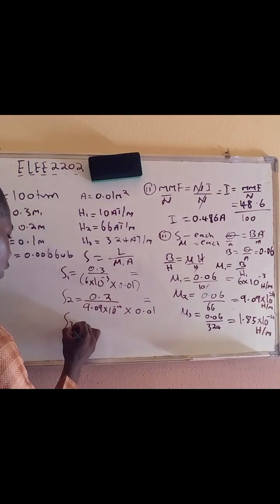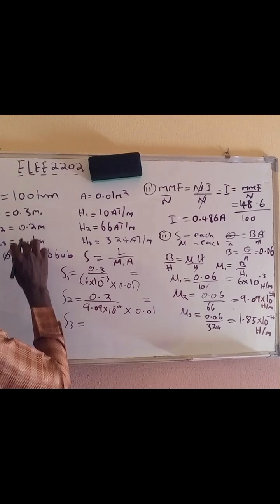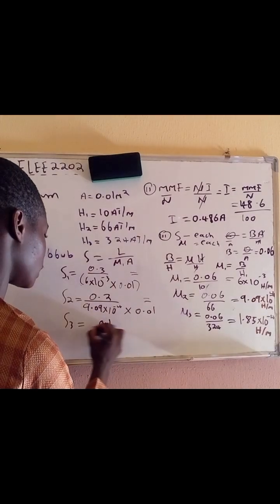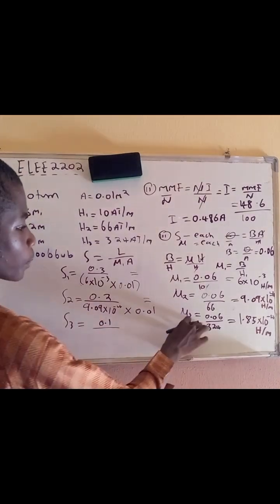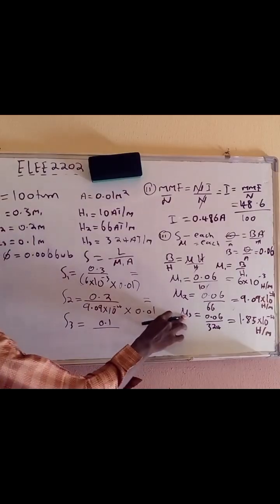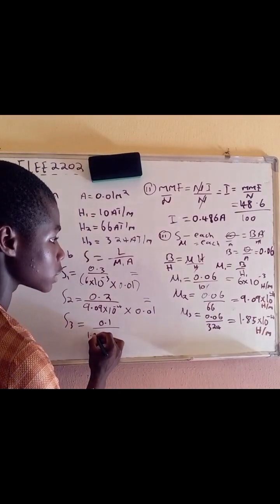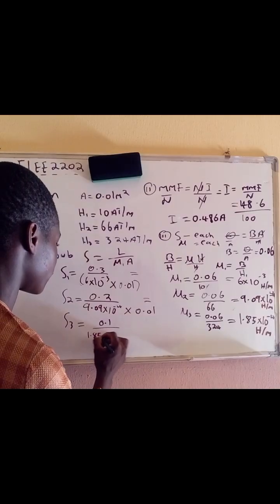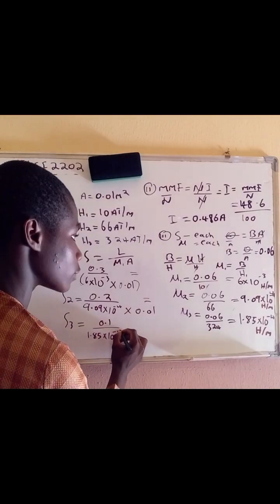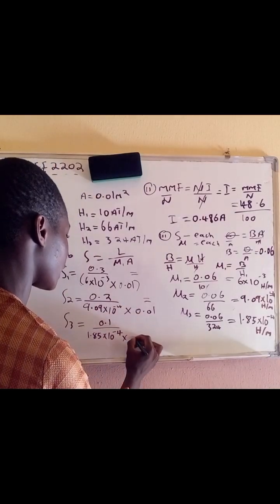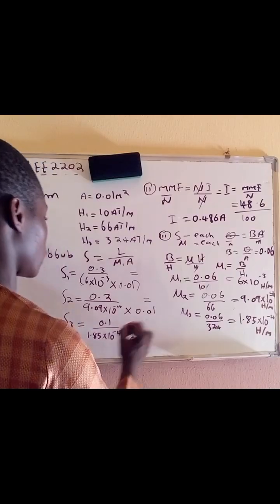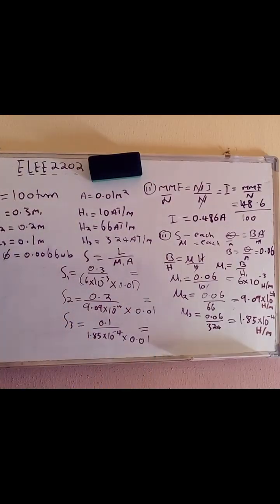And the third reluctance: our length is 0.1 over the third mu, which is 1.85 times 10 exponential of -4, multiplied by the area 0.01. If you calculate, it will give you the reluctance of each material. So let's calculate and see.